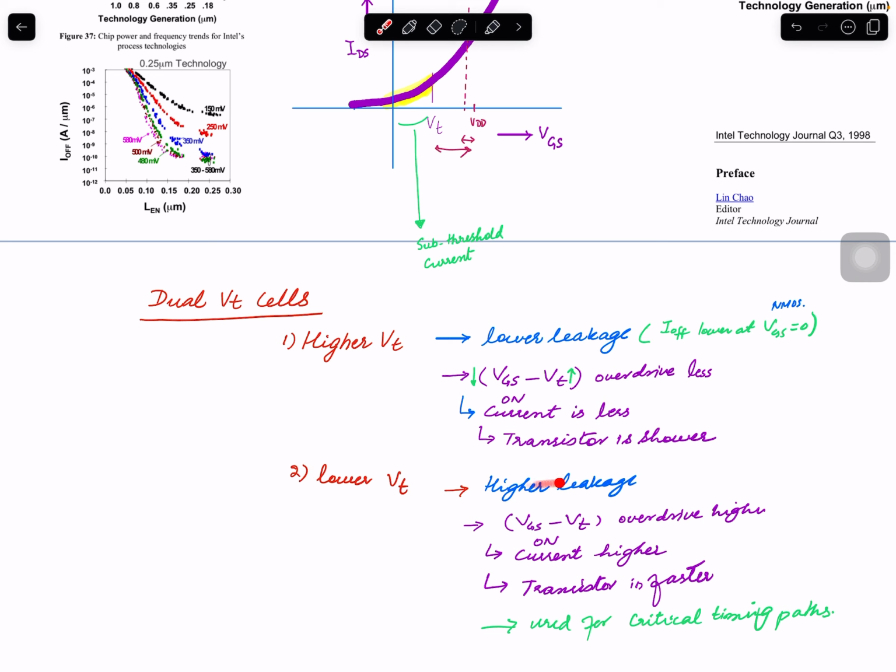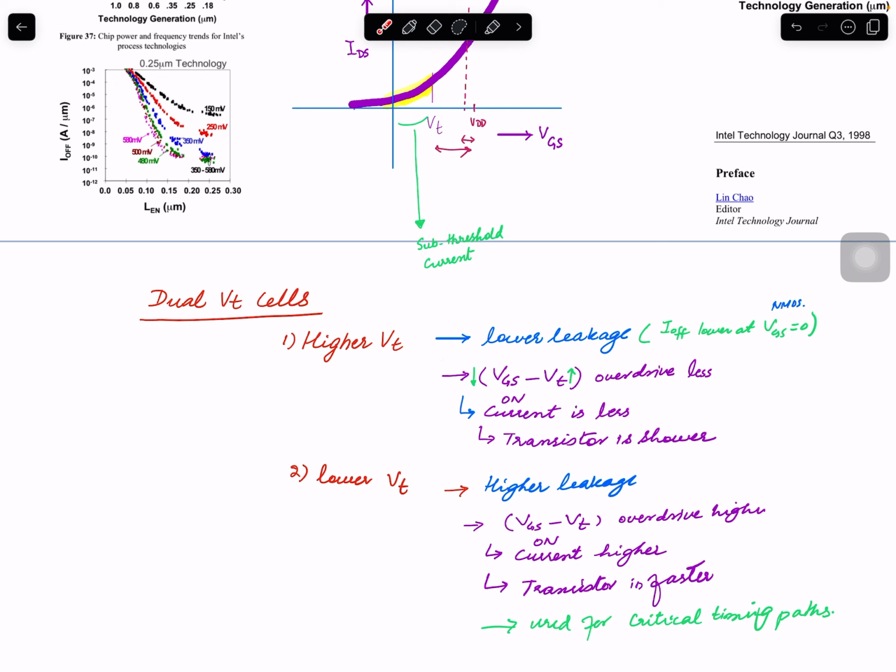They will leak more power, but it's a small percentage of your design, and that's where you need high frequency. But for the rest of the design, 90% or 80% of the design, you use cells with very low leakage, so higher VT.